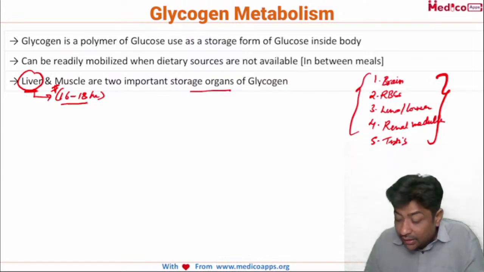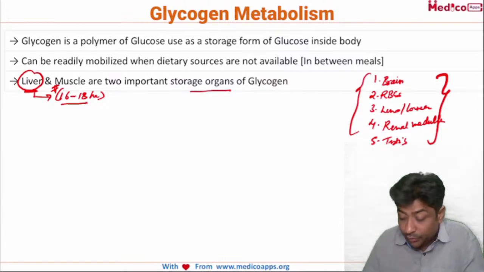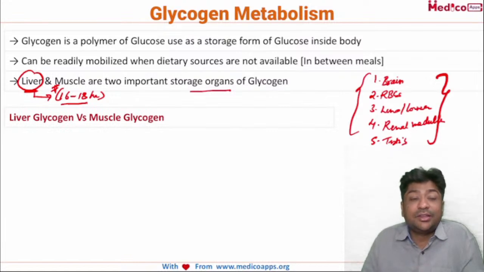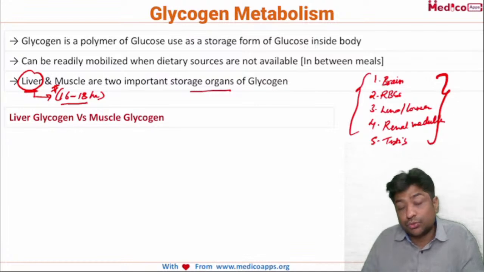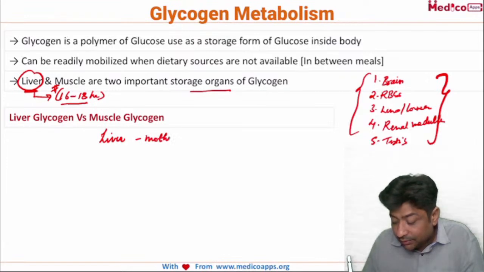A lot of questions in examination will be asked on the difference between liver glycogen and muscle glycogen. What is the essential difference between the glycogen stored in the liver and the glycogen stored in the muscle? Remember, liver is like a mother.